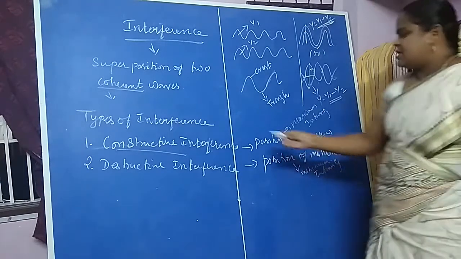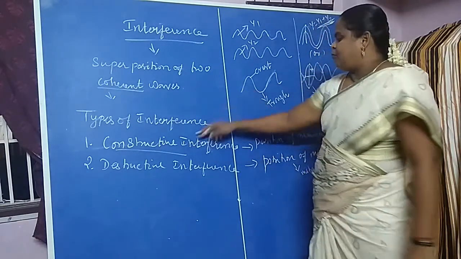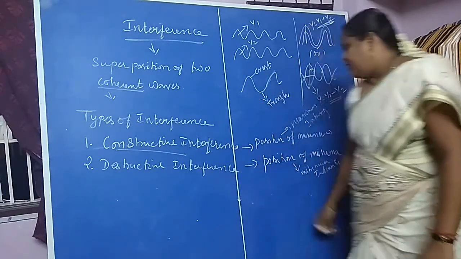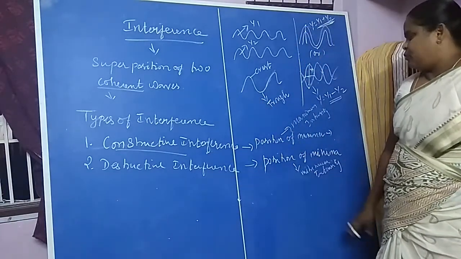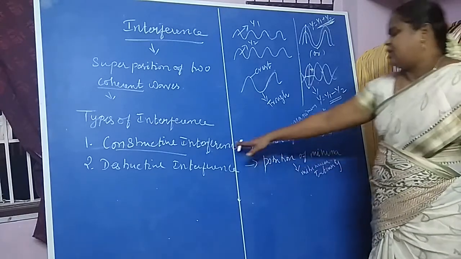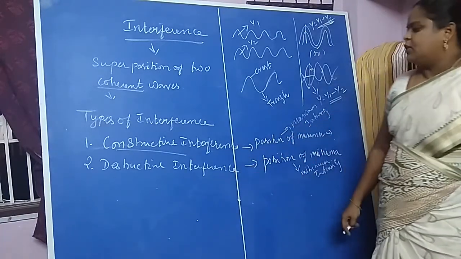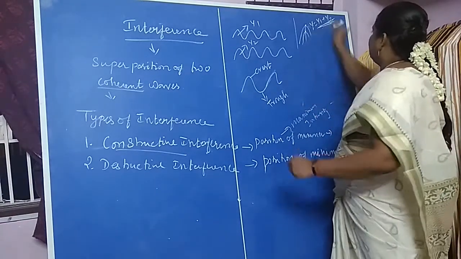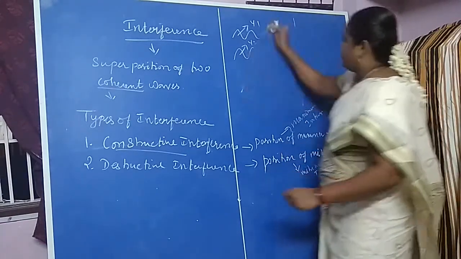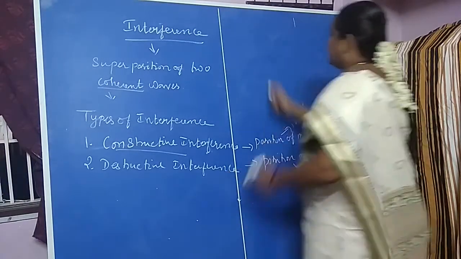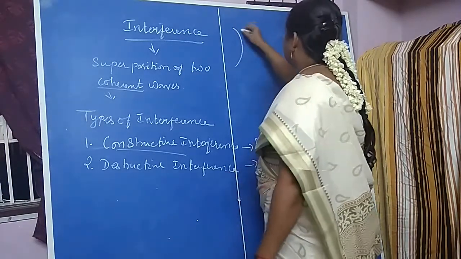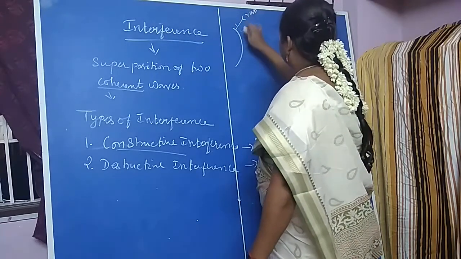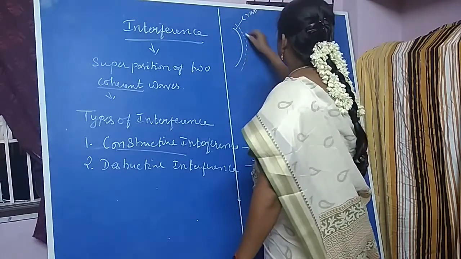Where constructive interference takes place, that point will glow. Whereas in destructive interference, the point will be a dark position. This is the brightness we get, and this one will give the darkness. We will understand the interference of these two waves using spherical waves. Consider a spherical wave. This is the crest, and the dotted one is the trough.